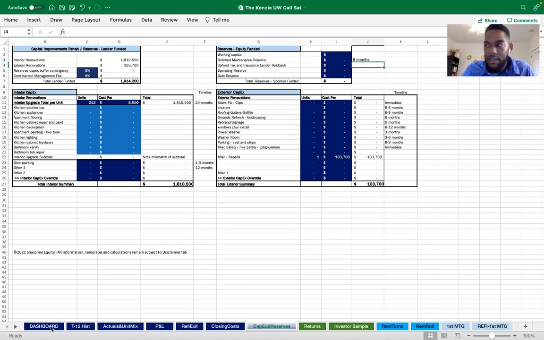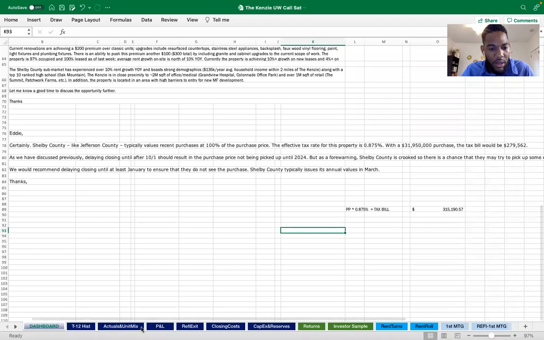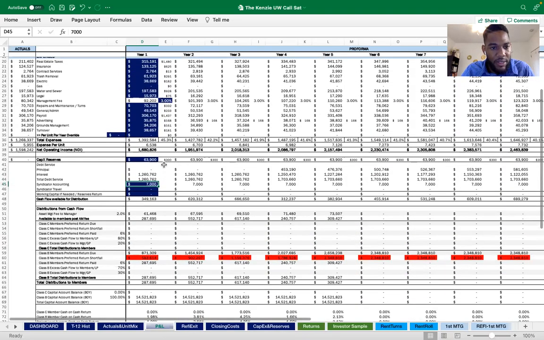So that's 8 months of the operating expenses. So 8 months of this number will be $928... almost $1 million, guys.